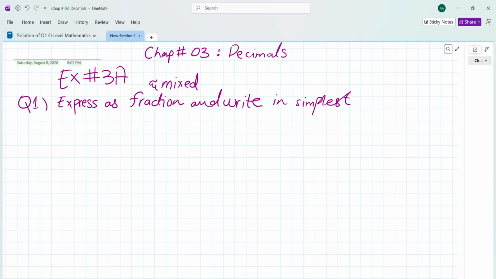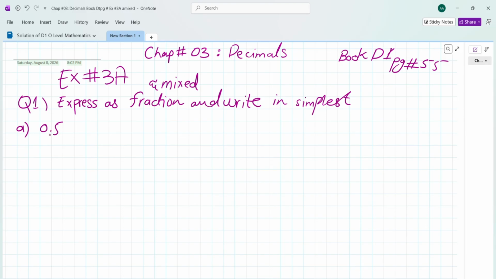You can check question number 1 of the book D1, page number 55. Now part A is 0.5.